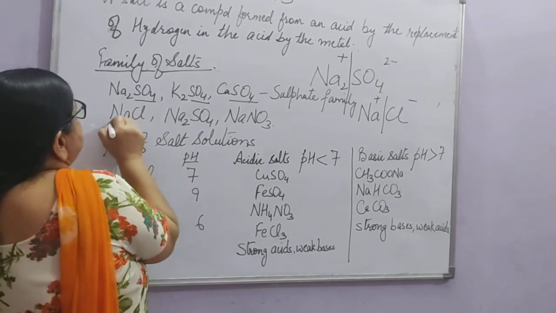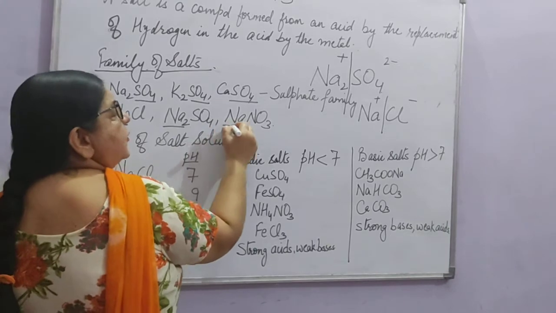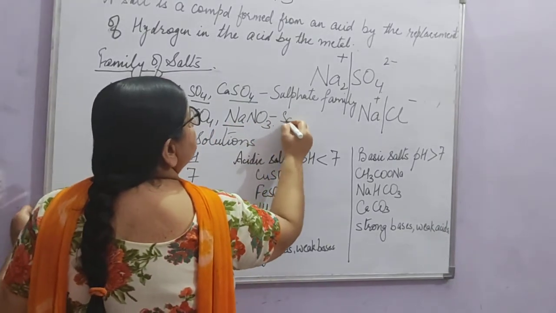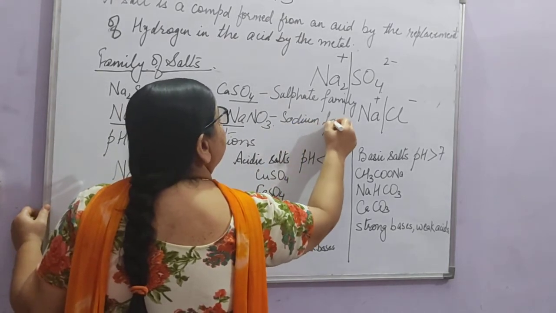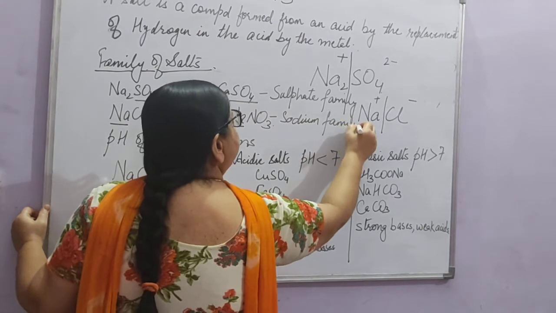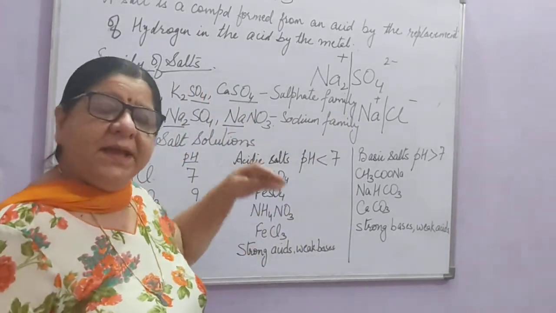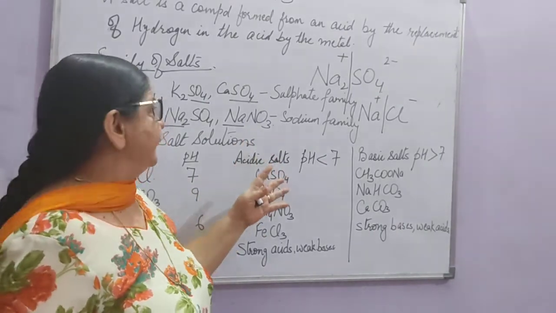And if we see here, sodium chloride, sodium sulfate, sodium nitrate, they all belong to the sodium family. The family of salts is either known by the cation to which they belong or the anion to which they belong.